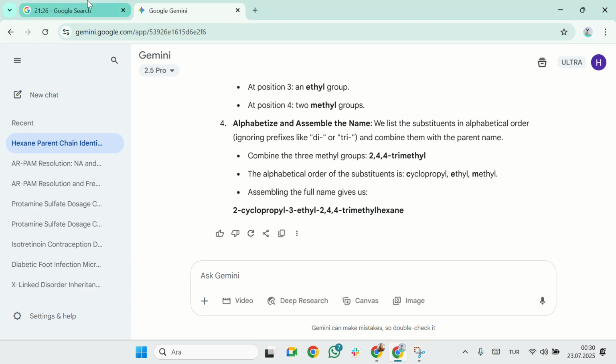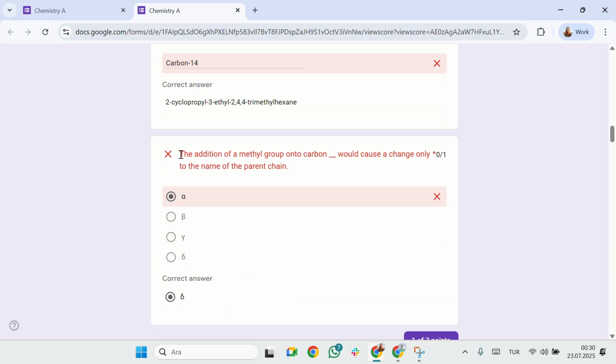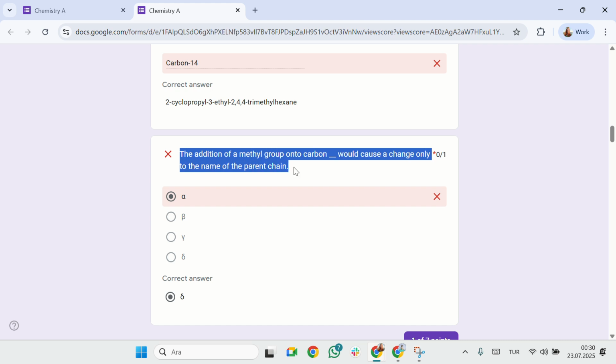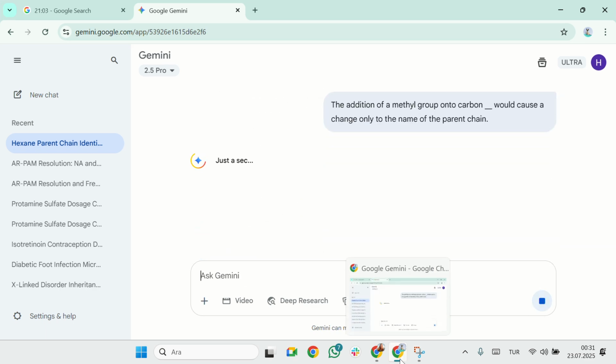How much time do I have? Okay, I still have time. Let's move on with this. The addition of a methyl group onto carbon would cause a change only to the name of the parent chain. So the correct answer is okay. I don't know about this. Let's ask.